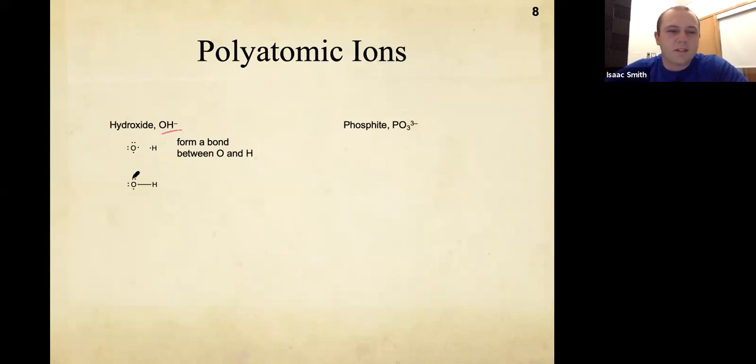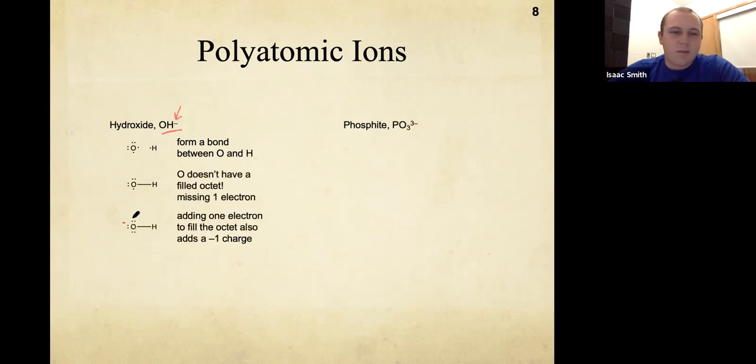This looks weird because oxygen only has 7 valence electrons. 1, 2, 3, 4, 5. Sorry, 1, 2, 3, 4, 5, 6, 7, right? Hydrogen's good, but oxygen needs 1 more electron. Well, if you look, there's a charge here on the hydroxide ion, which means we need to be adding in another electron.